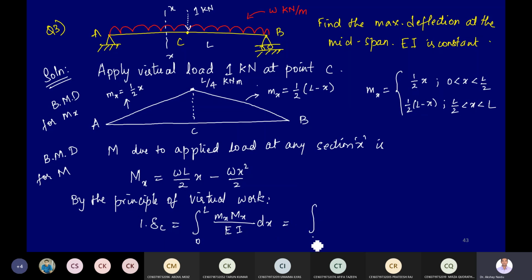This we will have to split as 0 to L by 2.